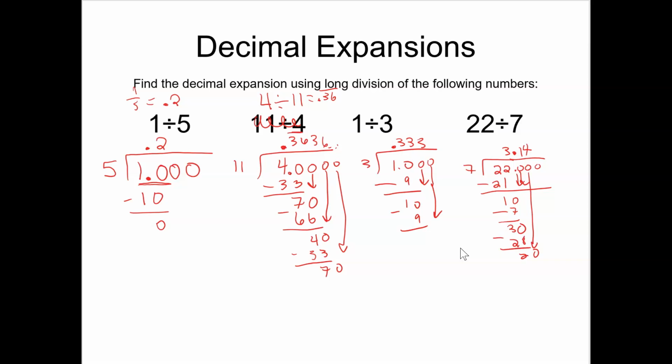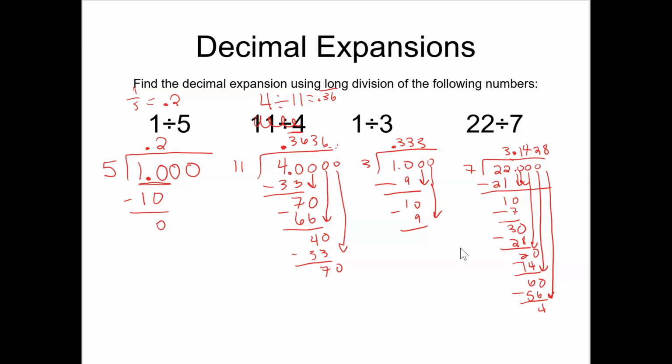Then 2, 14, and you get 6. It's not repeating yet. 60, and that would be 8, 8 times 7 is 56, and we get 4.